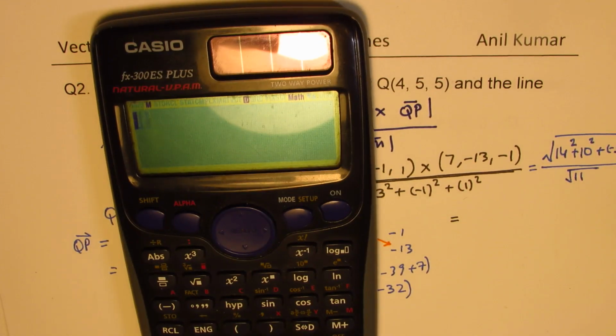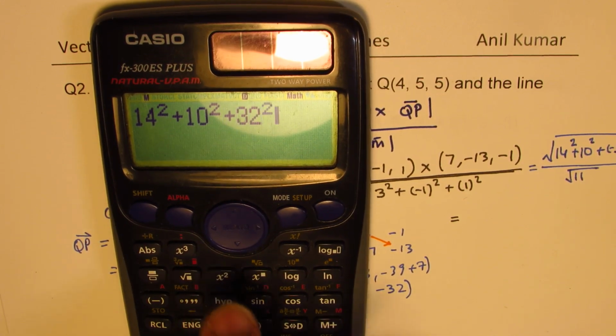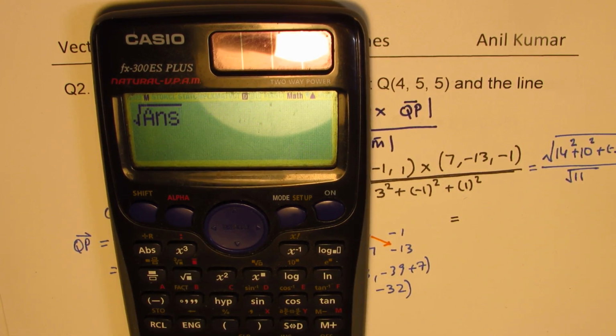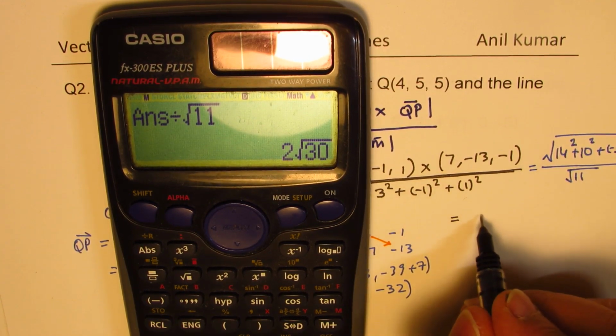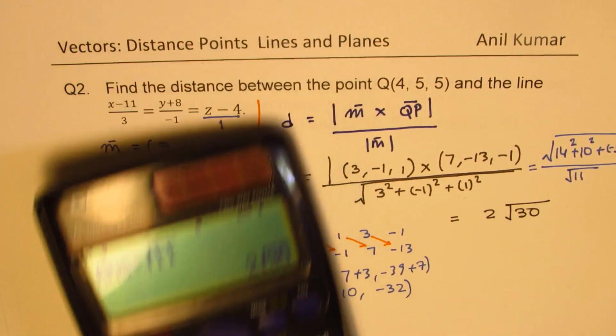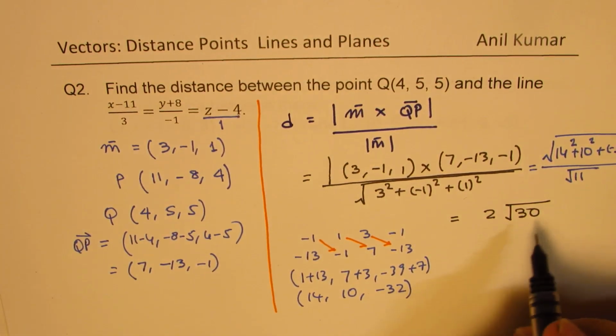We have 14 square plus 10 square plus 32 square equals, and the square root of this answer is basically 330, and we are going to divide this by square root of 11, and what we get is 2 square root 30. So 2 square root 30 is going to be the answer for us, units.